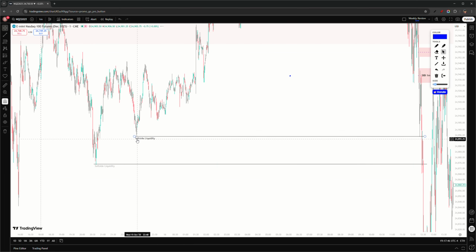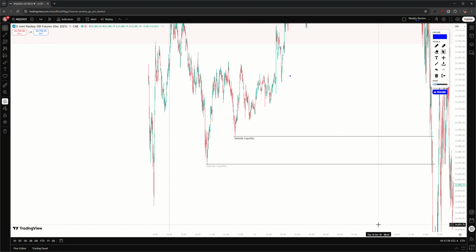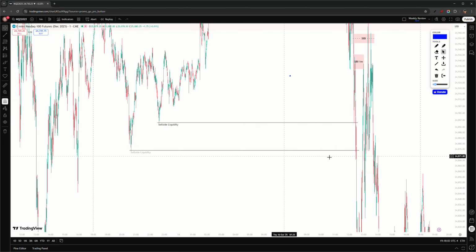We did that also here when we tapped into the sell side liquidity. See how price retraced into some fair value gap in the form of CB, and then continued resuming going lower. And we had the same thing here, right?